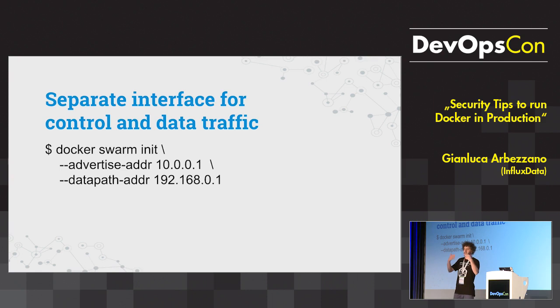All this traffic is going through the advertised address, and all the other traffic, I mean all the traffic that your containers are generating, is going through the data path address. This is a double win, because you can have two different interfaces with different security policy and configuration, but it's also a good scalability solution, because previously all the traffic was going through the same network interface. Now you can split them and have different configurations.